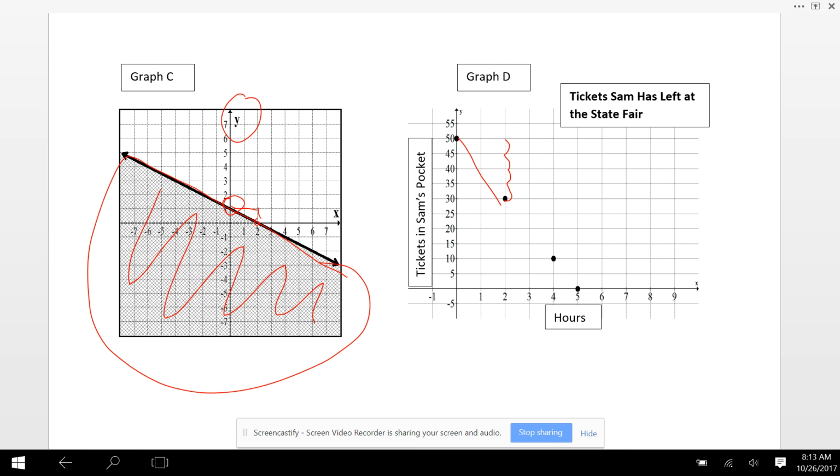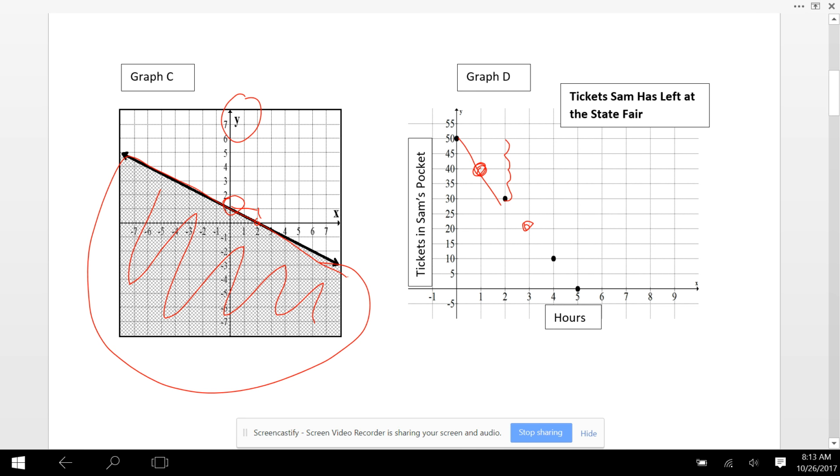Well, we know we're going down by 10, right? So 1 and 40 would be a point, not a choice. 2 and 30, 3 and 20, 4 and 10, and 5 and 0. So 3 and 20 right there, B.